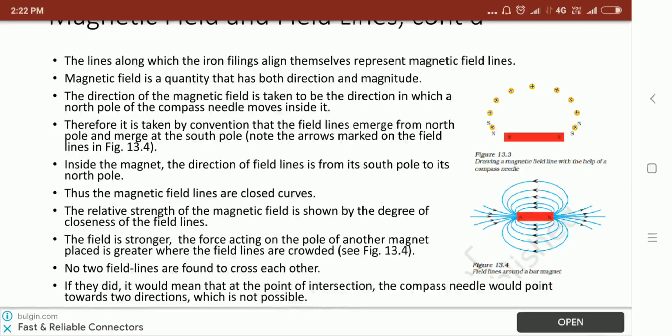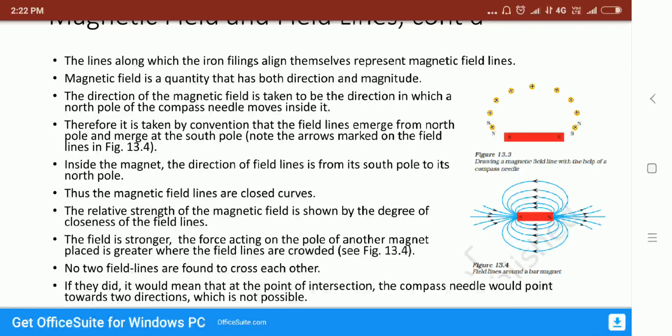The north pole of the bar magnet is defined by the needle. Where the needle's north pole points, that is the bar magnet's north pole. So the magnetic field lines are generated from the north pole of the bar magnet and end at the south pole, as we can show in the diagram.